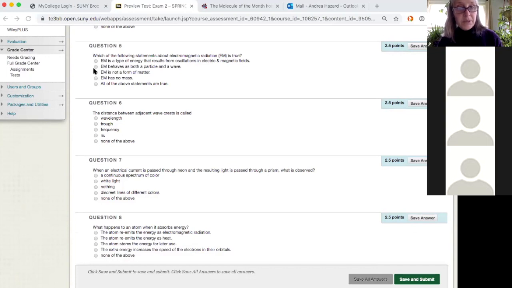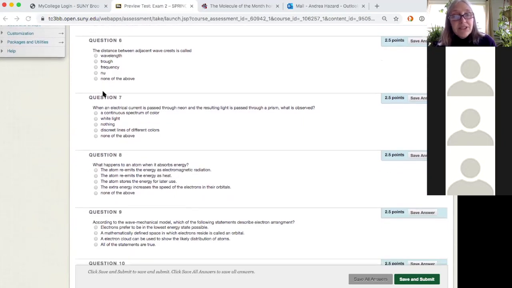That also seems to be true. EM is not a form of matter. That's true. It's one of 2 major components of our universe. Matter is one component and energy is another. Electromagnetic energy is a form of energy, so it's not a form of matter. And EM has no mass, and that is true too. Matter has mass, but energy does not. So in this case, all of the statements are true.